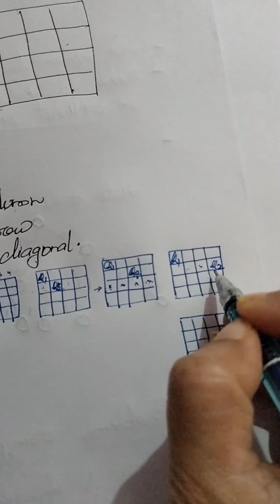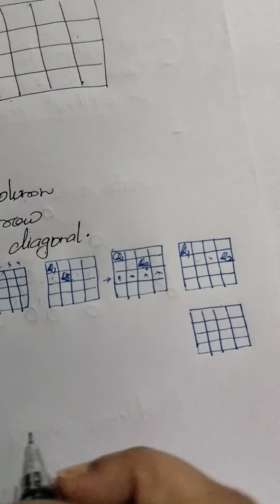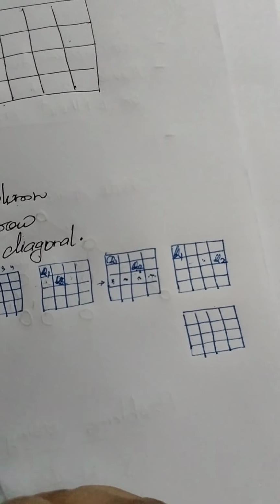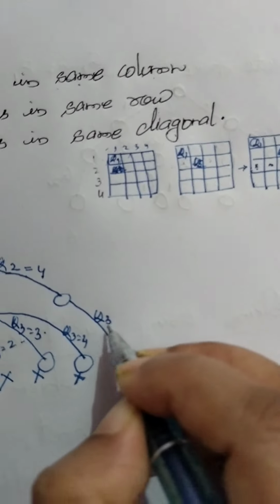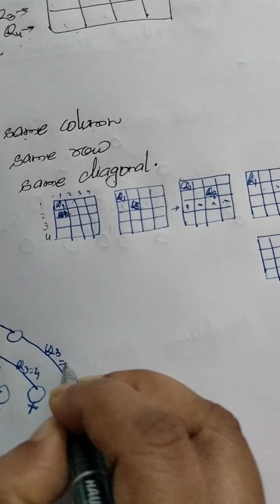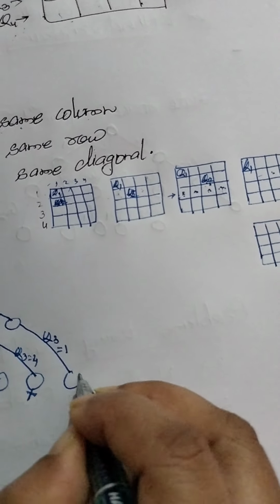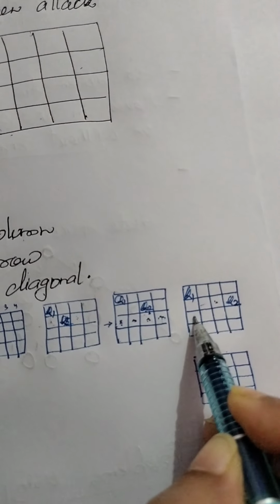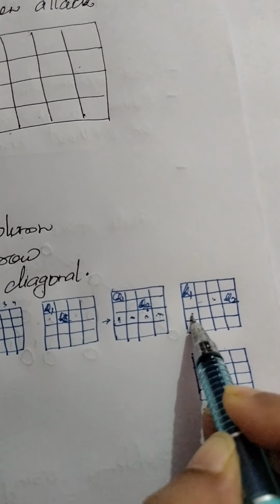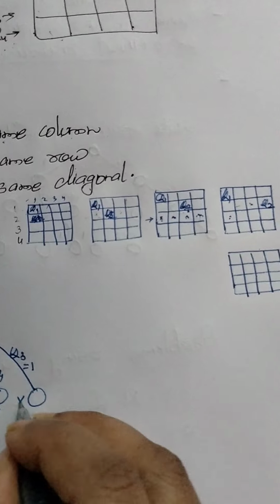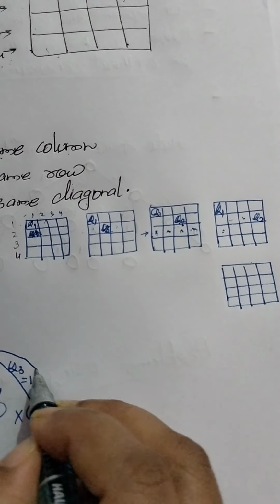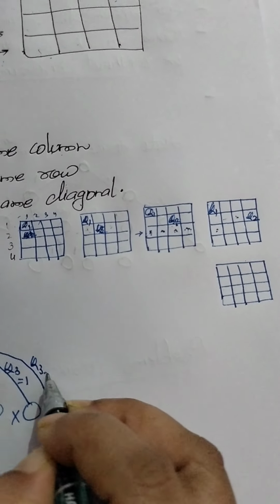So we will go for checking Q3. Can we place Q3 at first column? No. Q1 and Q3 are in the same column. So we will check for Q3 equals to 2.